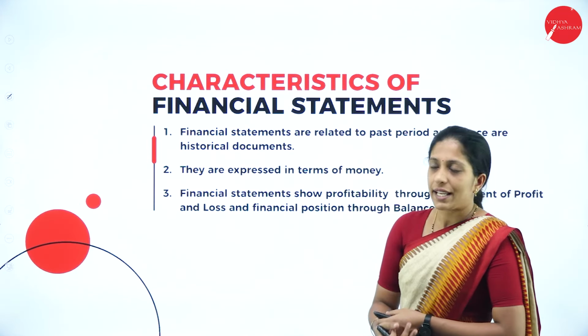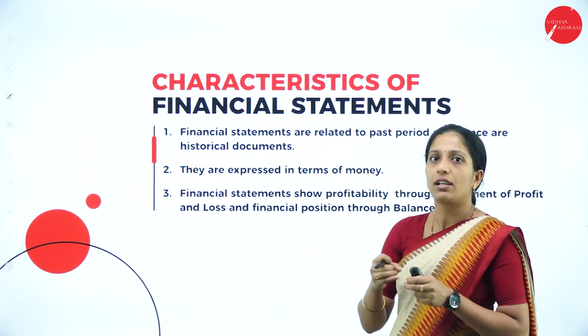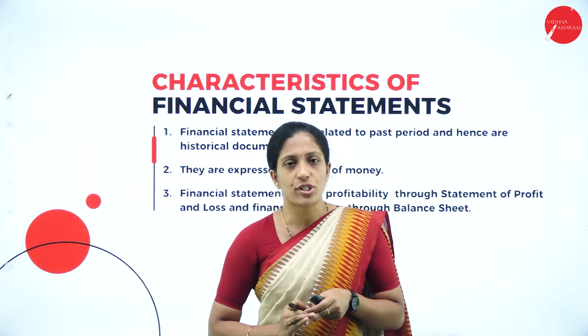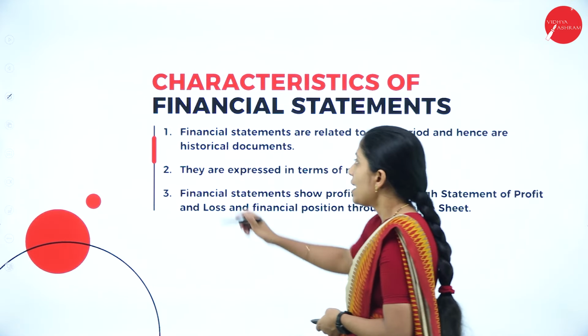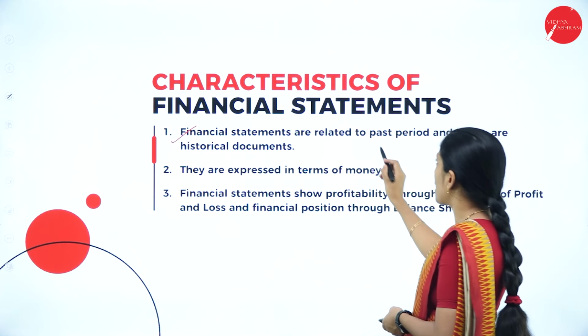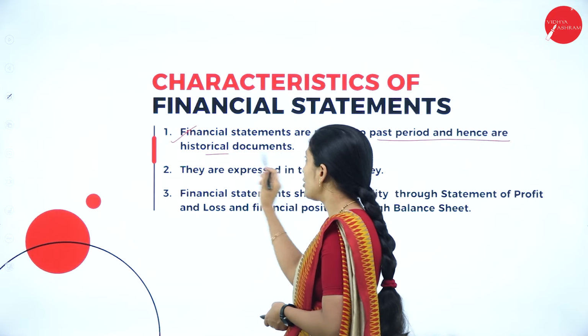Next, moving on to the next concept, characteristics of financial statement. So already we have learnt about the objectives of financial statement. Now let us see a few of the characteristics of financial statement. So the first one is financial statements are relating to the past period and hence they are historical documents.